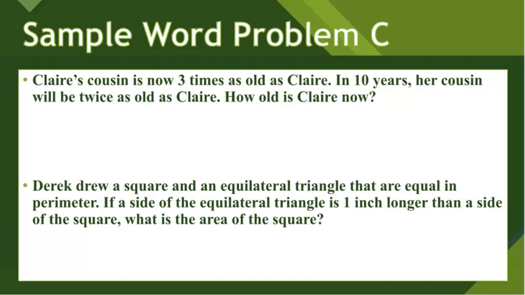In 10 years, her cousin will be twice as old as Claire. How old is Claire now? So if I'm going to do Claire's cousin as X. So Claire's cousin is 3 times as old as Claire. In 10 years, her cousin will be twice as old as Claire.